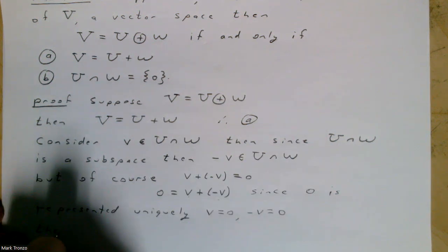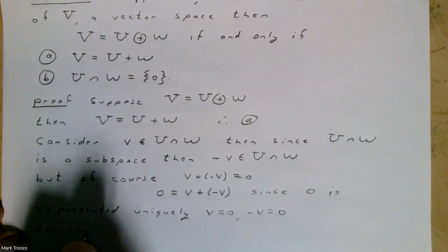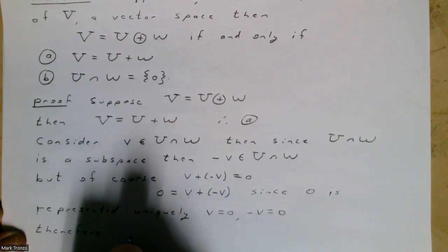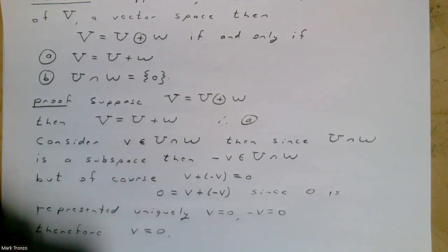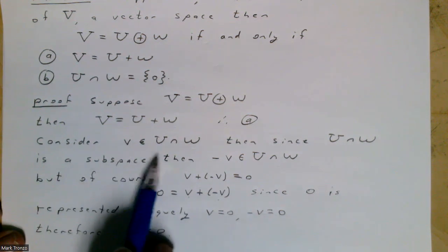Therefore, V is 0. And V was in this intersection.